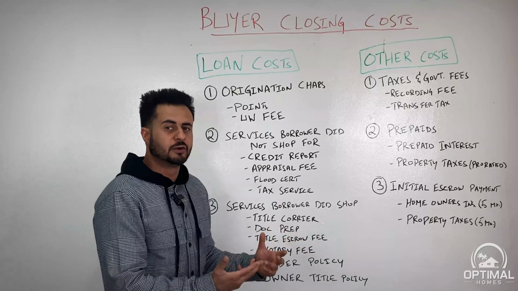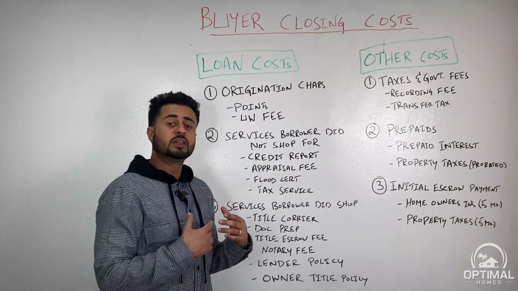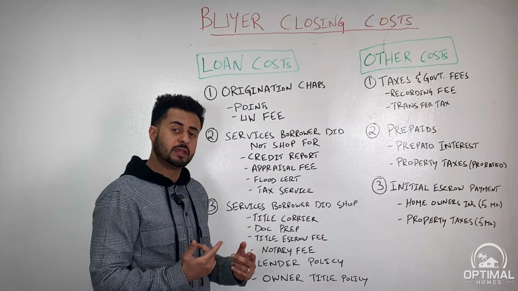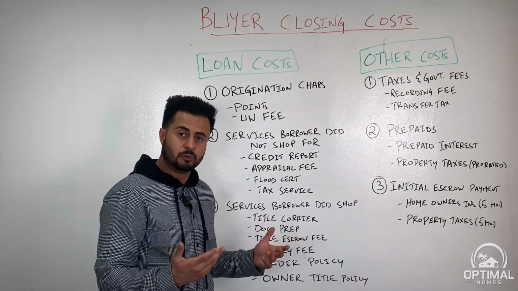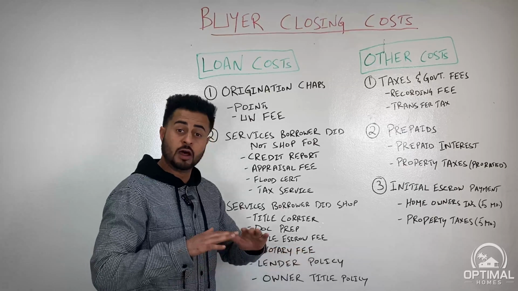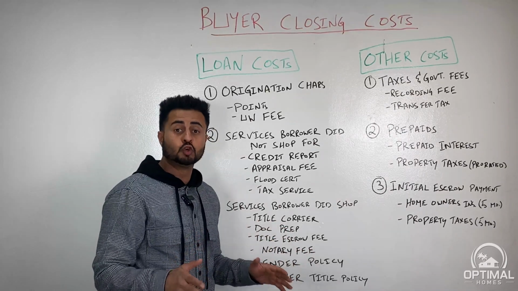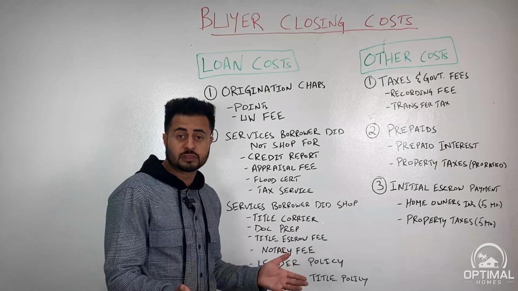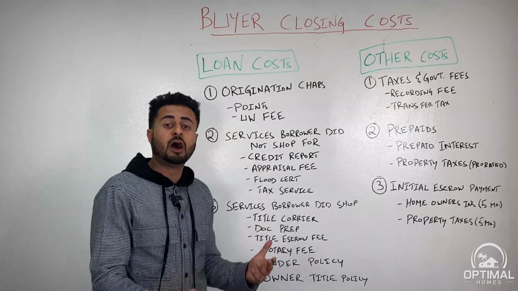So one lender might give you a 3.5% rate. I'm giving you just examples at par, meaning that they're not charging you any points. Another lender is giving you 3.5% at $4,000 in points. So how do you compare?